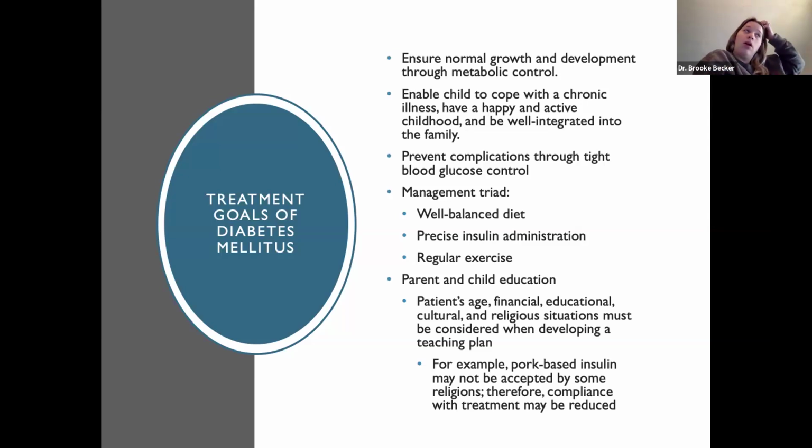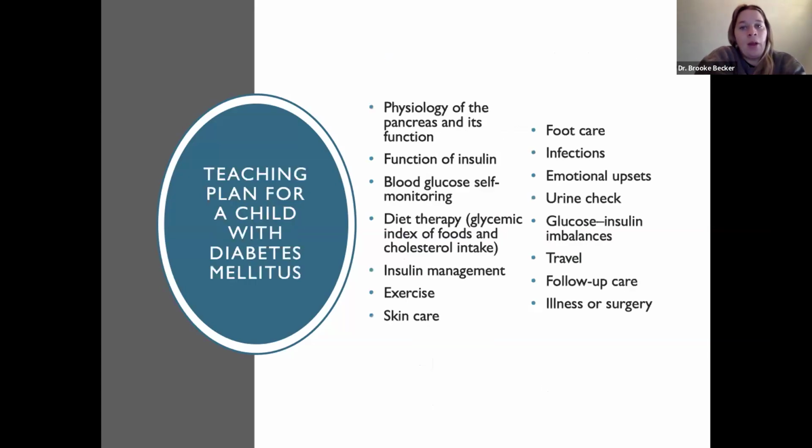So if kids are coming in and they're in DKA a lot, and they're of Jewish descent or Arab descent or something like that, having that conversation that, hey, your insulin is not pork-based, or it is pork-based, let's find you something else so that way you don't have to be worried about that. Okay.